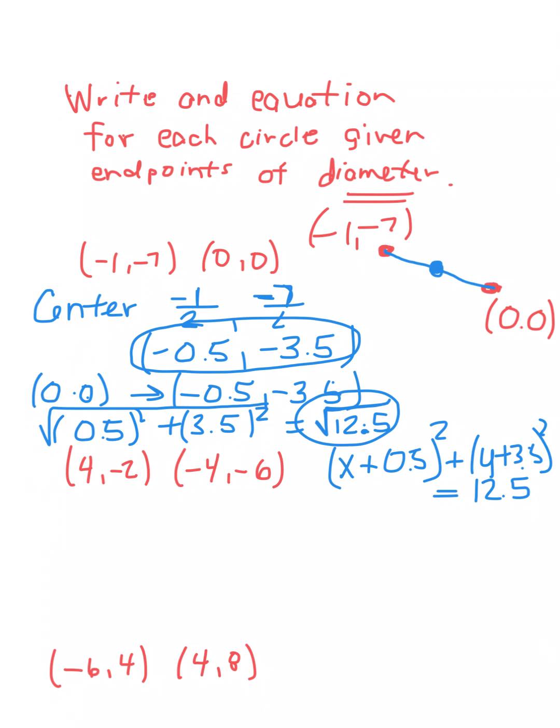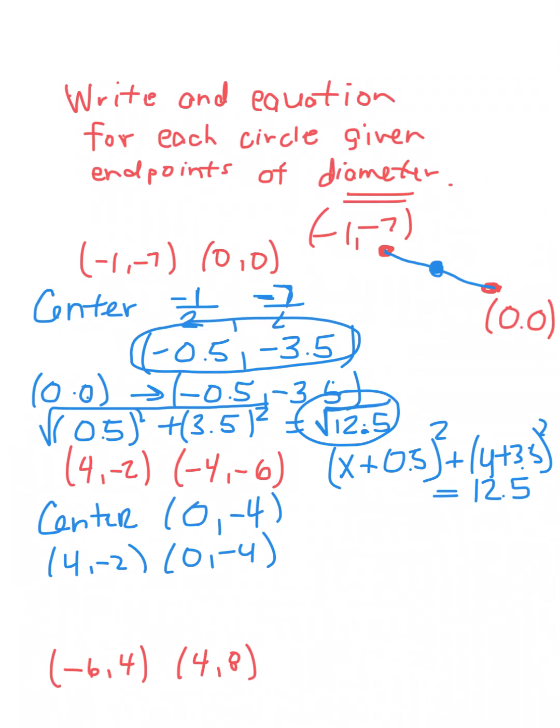Next example, I have to find the center between these 2 points. So my center is the midpoint. If I add up my x's, 4 and negative 4 is 0, and 0 divided by 2 is still 0. In between negative 2 and negative 6 would be negative 4. That would be my center. Then I need to find the distance between one of these points, 4, negative 2, and 0, negative 4.